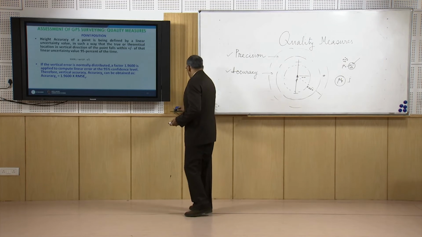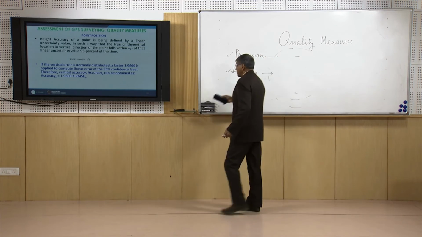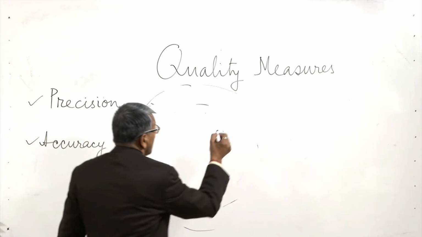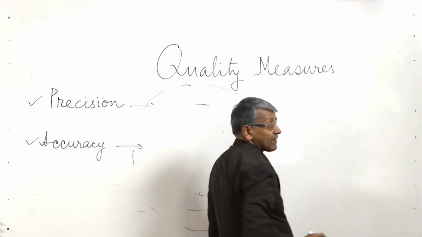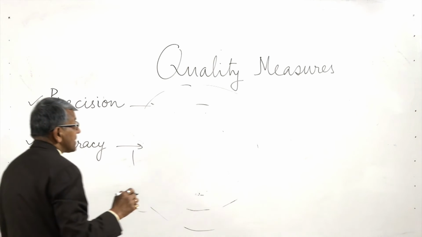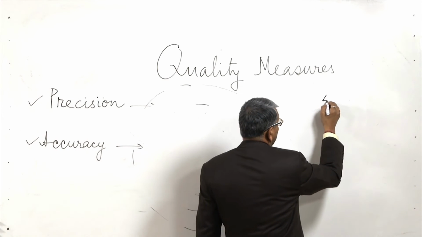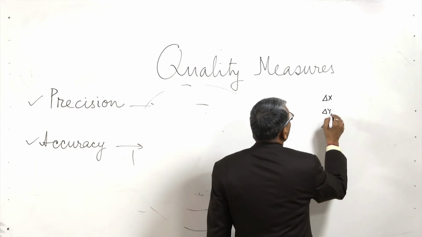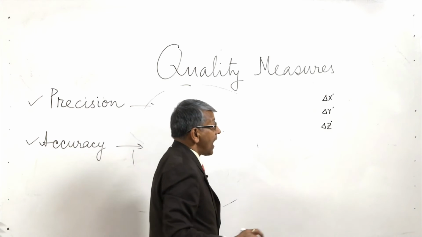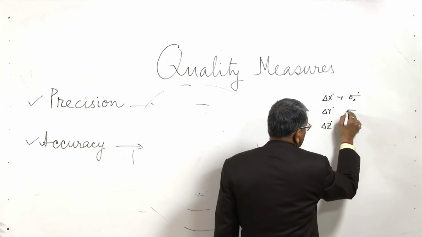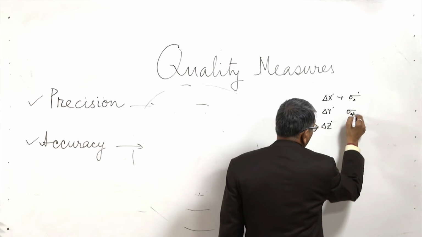Now, in case of baseline, for precision, as I have already discussed during baseline processing, we find out the different components of the baseline, and along with these components we get the standard deviation of the baseline.